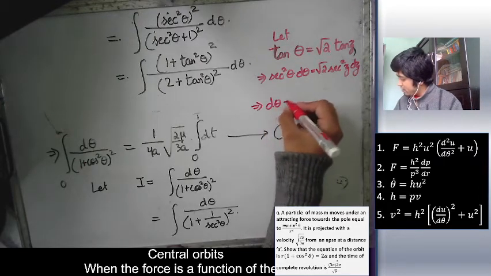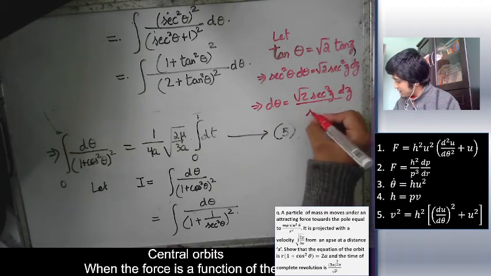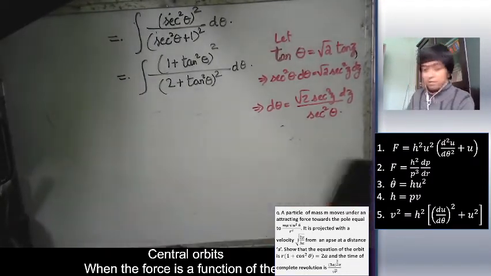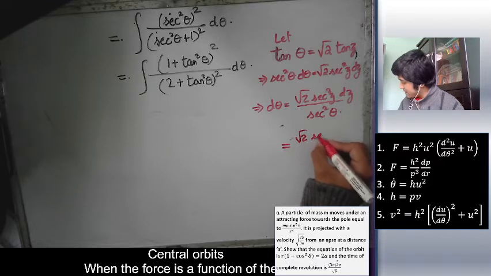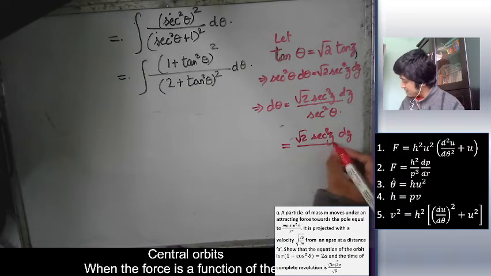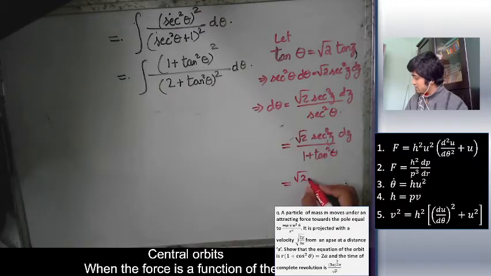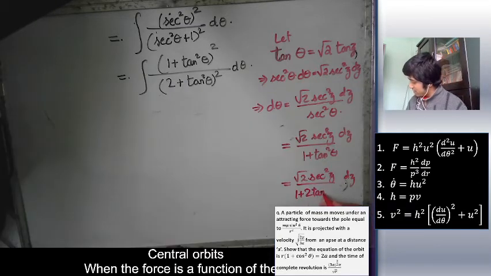So d theta will be root 2 sec square z dz upon sec square theta. But also, we need to convert everything back into tan. Root 2 sec square z dz, sec square theta is 1 plus tan square theta, and tan square theta is equal to this. Sec square z dz, 1 plus tan square will be 1 plus 2 tan square z dz. So this is what we are having.